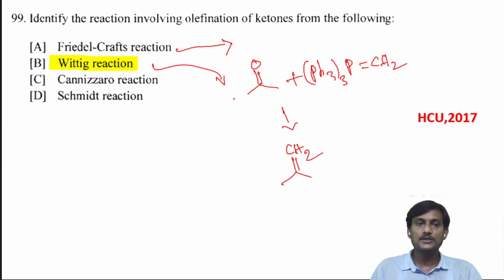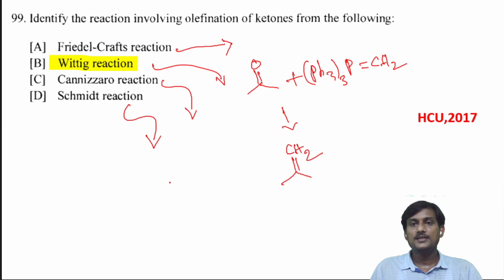Here there is olefination of ketones. Cannizzaro reaction, here there is a self-oxidation and reduction of aldehydes into carboxylates and alcohols, and Schmidt reaction is a rearrangement reaction. In this reaction, azides will be converted into amides.